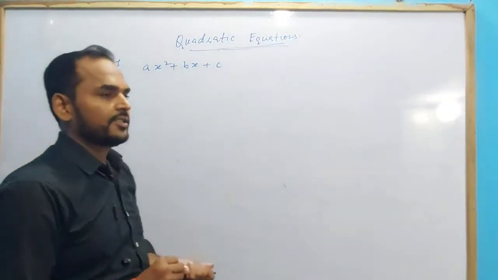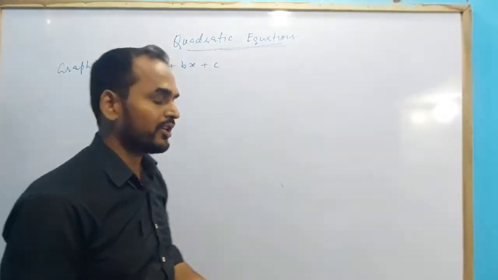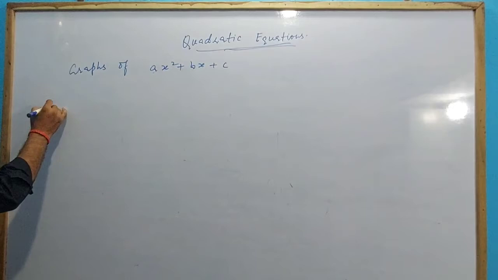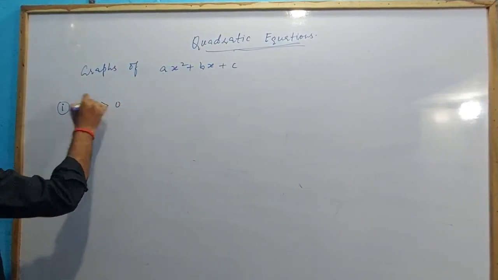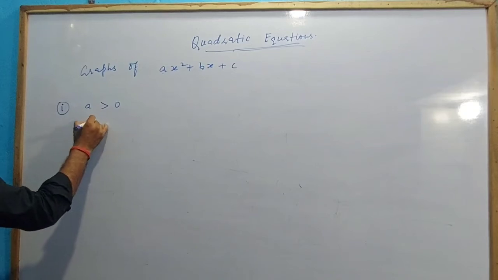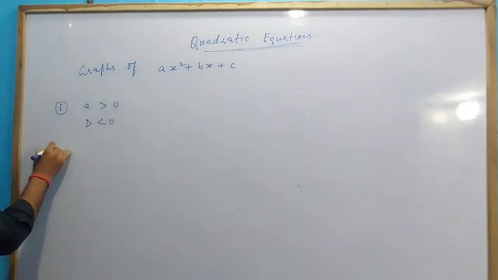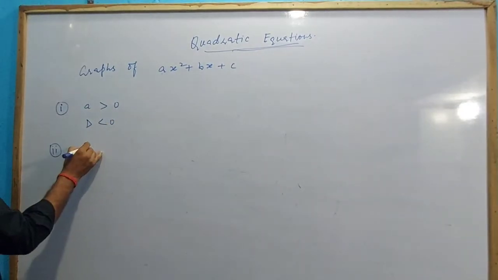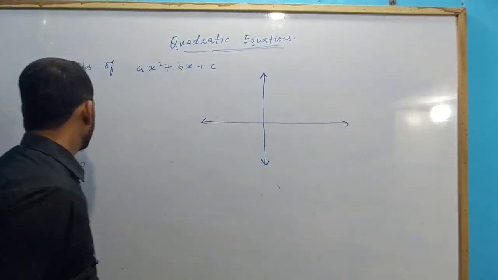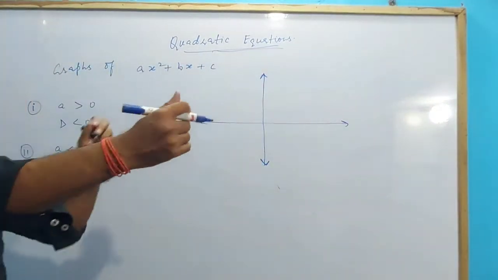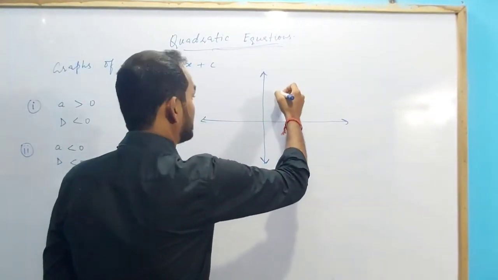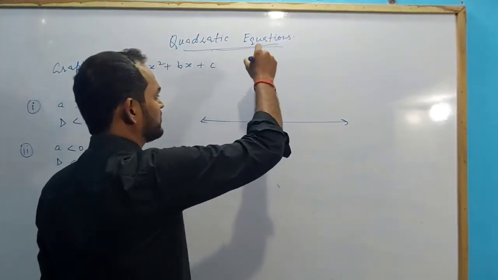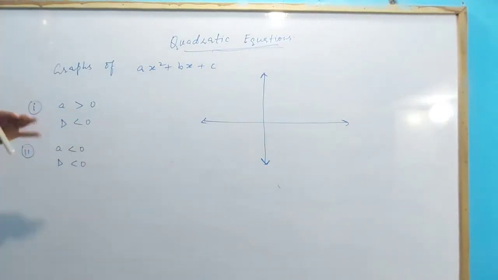Now let's understand the third case. What is the third case? The third case is when a greater than 0 but d less than 0. Since a greater than 0, the parabola will be upward, there is no doubt in it. It might be like this, open mouthed, upward.